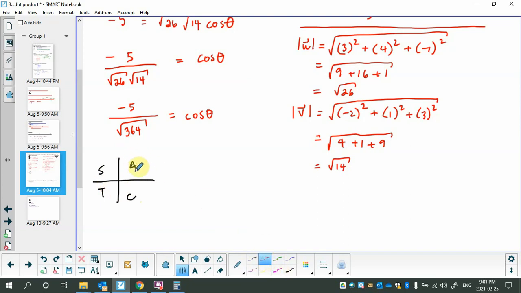This meaning all ratios are positive, so no. This meaning sine ratio is positive, maybe. This meaning the tan ratio is positive, maybe. This meaning the cos ratio is positive, definitely not. So I'm not allowed to be in this quadrant because all ratios are positive here. Not allowed to be in this quadrant, so I'm in this one and I'm in this one.